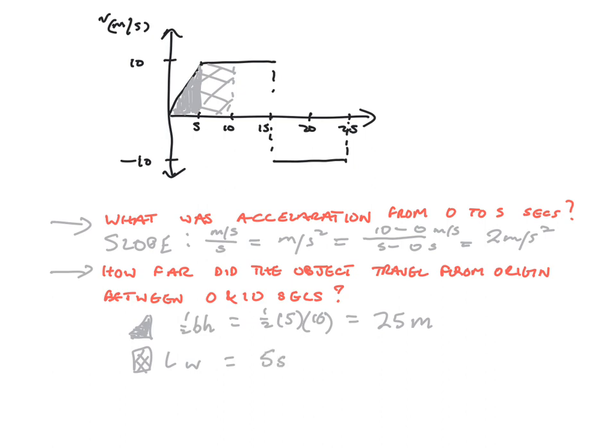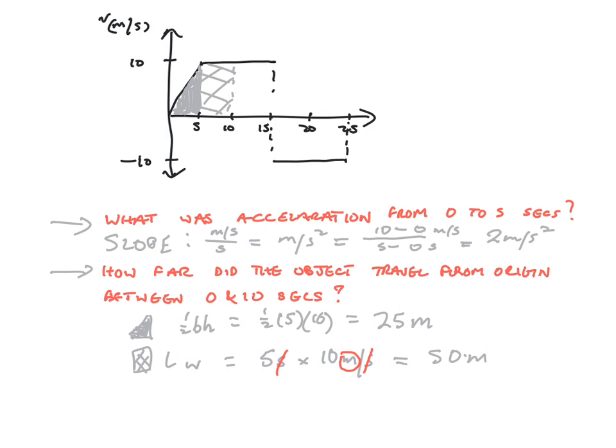So 5 seconds multiplied by the vertical, if you like, which is 10 meters per second. If we multiply both of these together, what we notice is that the seconds above the line and the seconds below the line cancel. That's going to leave you with units of meters, which is what we want if we want to find out how far the object has traveled. So this would be 50 meters.